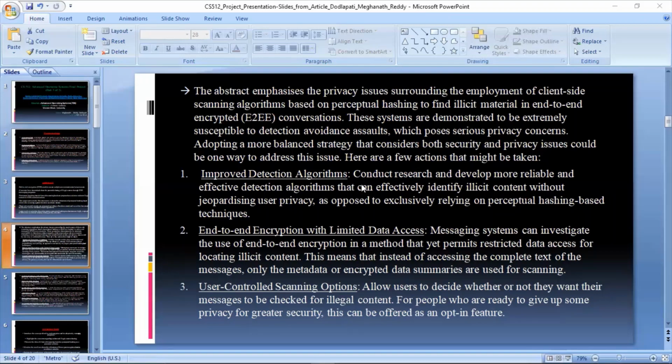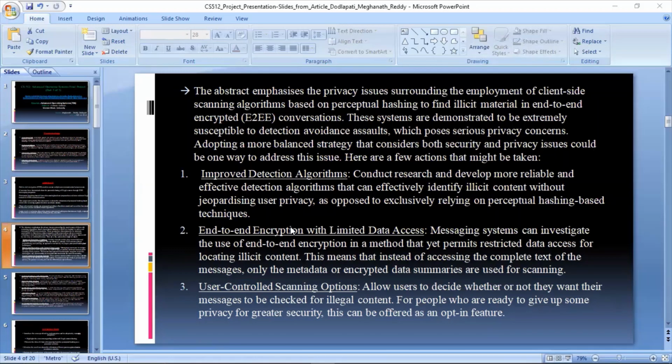Instead of relying solely on perceptual hashing-based algorithms, research and develop more robust and efficient detection algorithms that can accurately identify illegal content without compromising users' privacy. The second one is end-to-end encryption with limited data access.